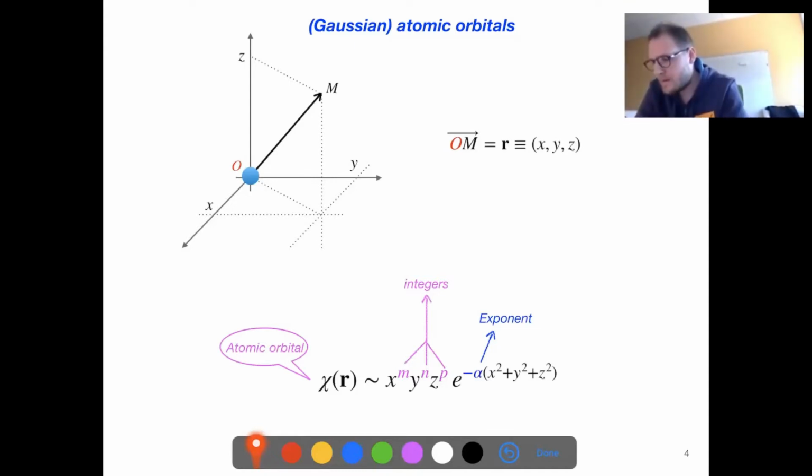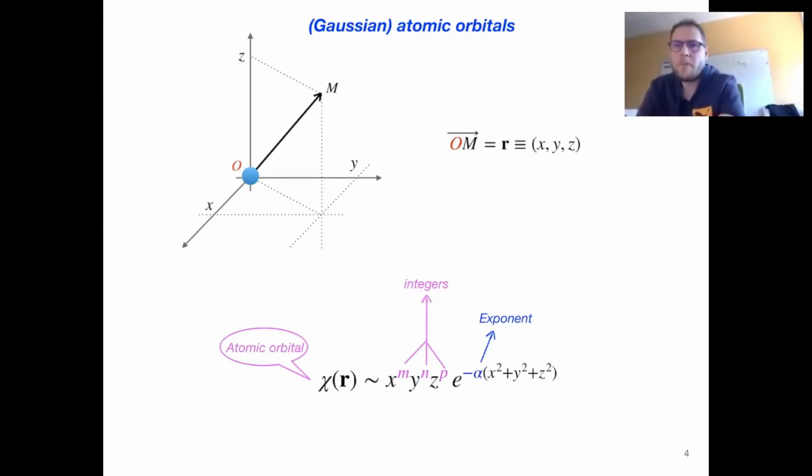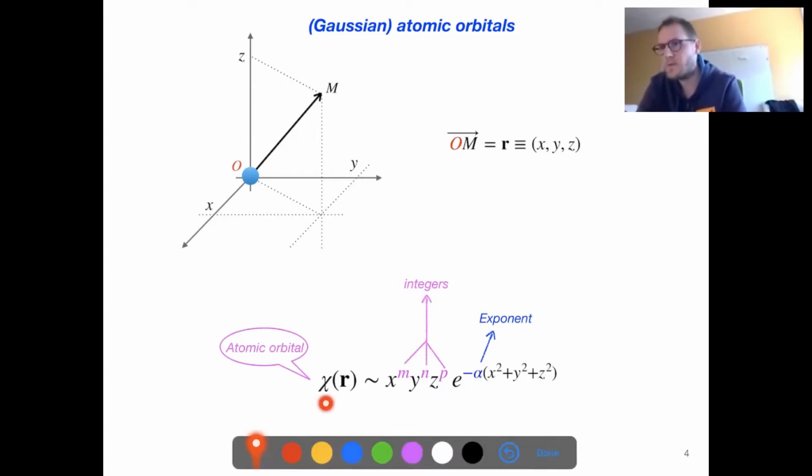And well, usually we use Gaussian functions to construct atomic orbitals, and this is essentially how they look like. So this is what you should see here. So this atomic orbital is a function of the 3 Cartesian coordinates.